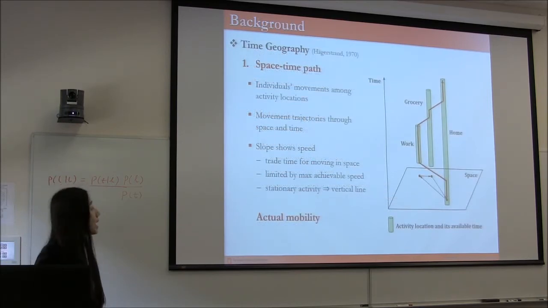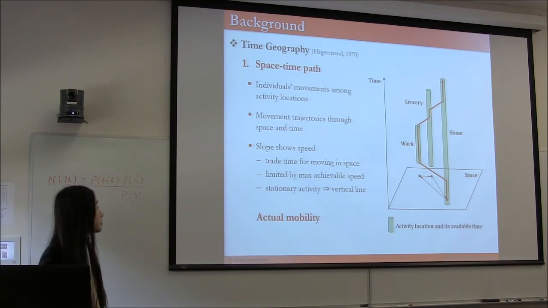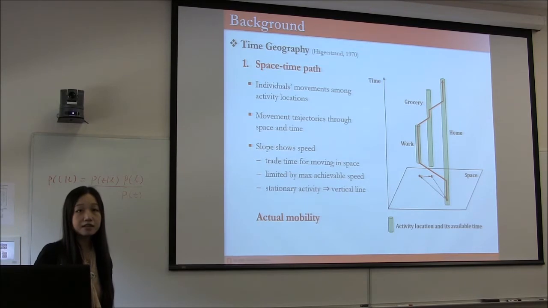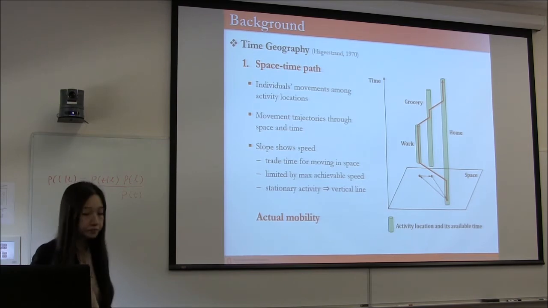The space-time path basically describes how individuals move in space and time between those activity locations. So it is the actual mobility of individuals. If people move in space across time, it will result in those moving trajectories.